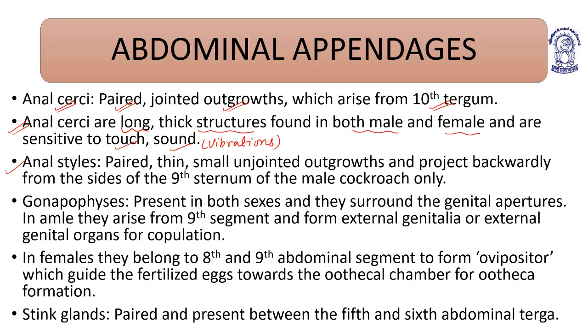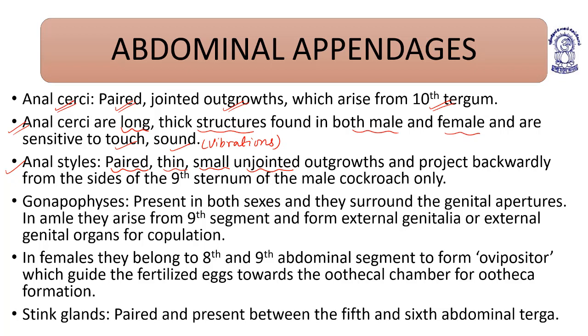Now the anal styles. They are also paired, but thin, small, and unjointed. Anal cerci are paired, jointed, thick, and long, while anal styles are thin, small, and unjointed.